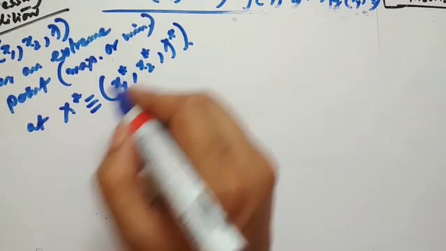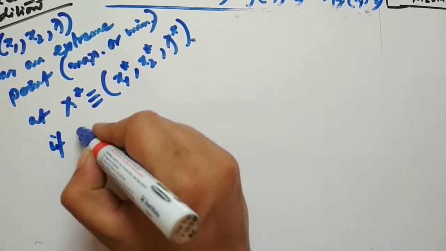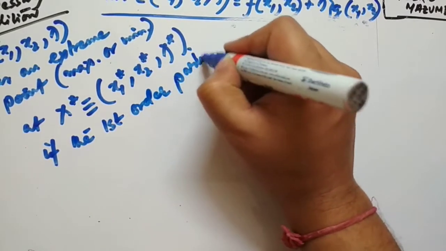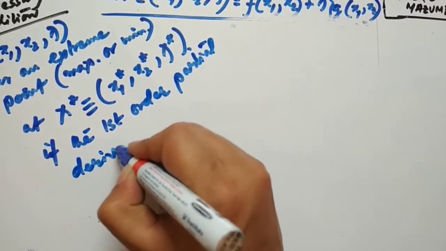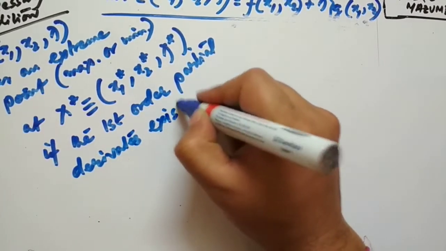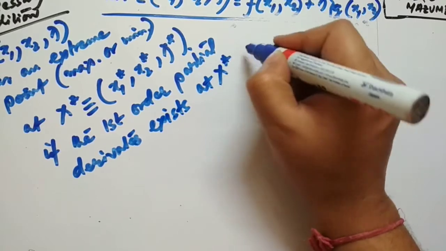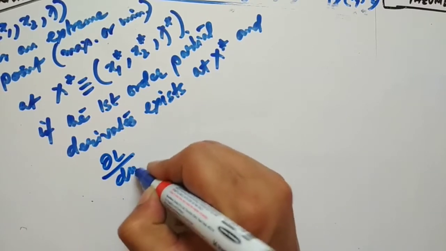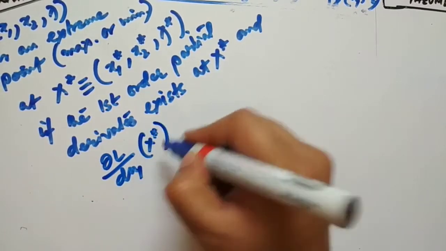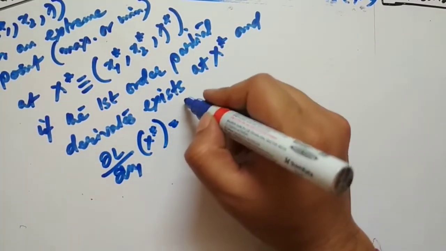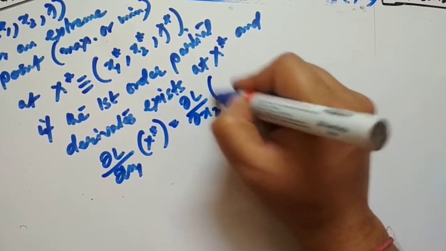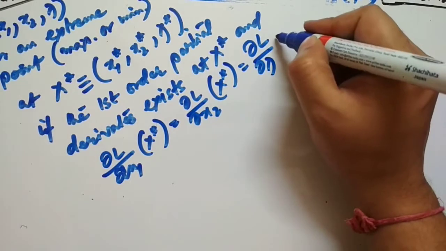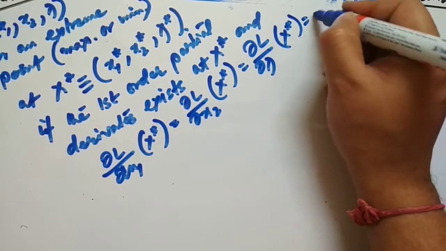Okay, when, or you can say if, the first order partial derivatives exist at x star and del L by del x1 at x star is equal to del L by del x2 at x star equal to del L by del lambda at x star is equal to 0.